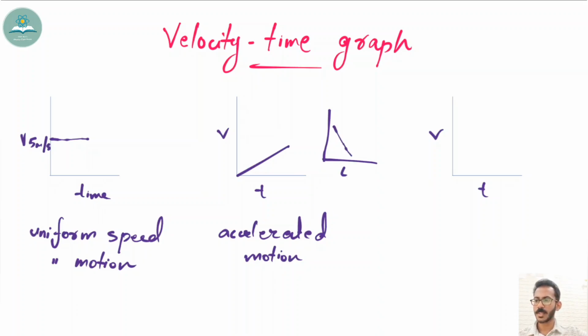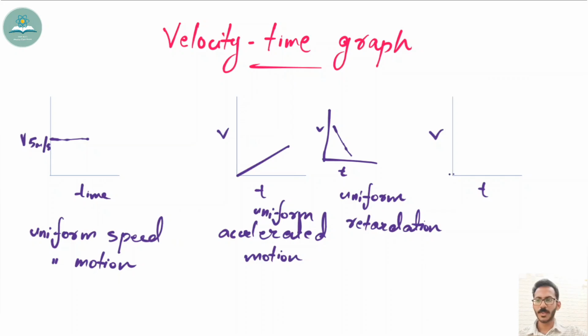When the time is increasing, the velocity is reducing. Then it is uniform retardation, or uniformly retarded motion.